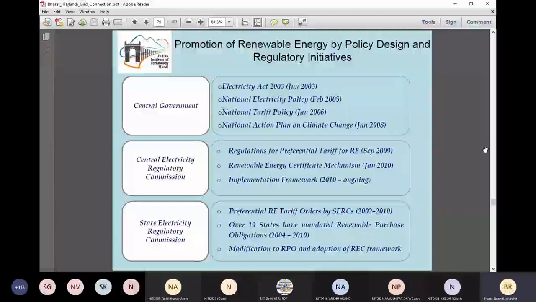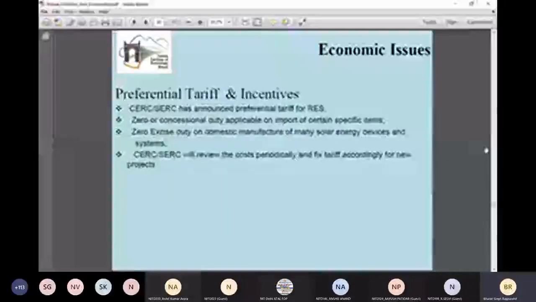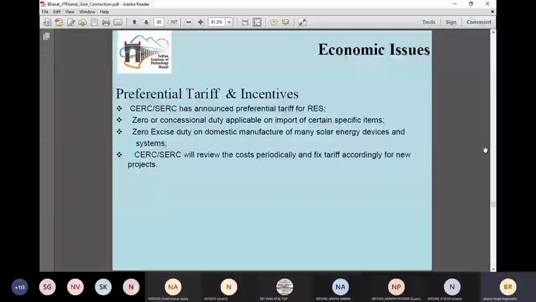A scheme which is mostly being adopted in the country is known as the preferential tariff scheme. In this scheme, the state electricity regulatory commissions, based on the requirements and availability of land, availability of manpower, and different tax rates, are finding out what should be the preferential tariff for the different renewable energy sources so that they are viable as well as making a decent profit.